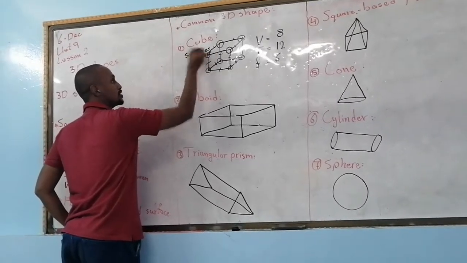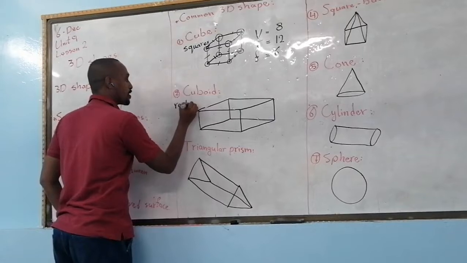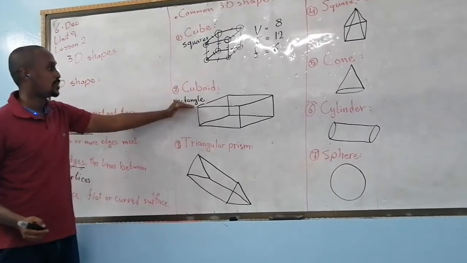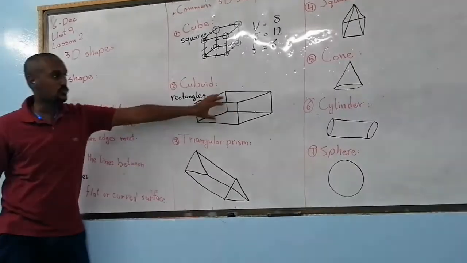When we talk about the cuboid, the cube is about squares. The cuboid is about rectangles. Remember, cube, squares. Cuboid, rectangles.